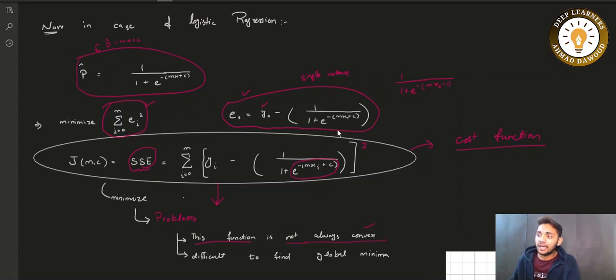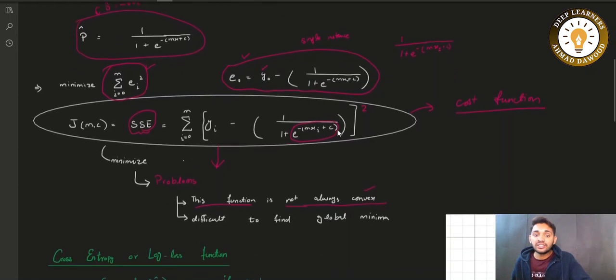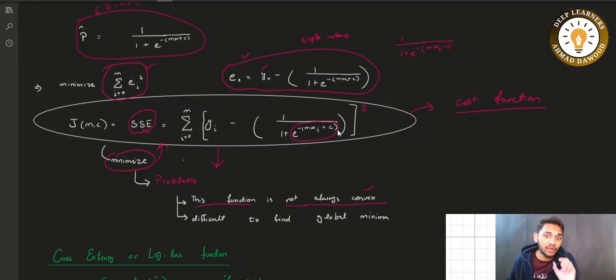What does that actually mean? It means that we cannot get a single solution for it. When we run the algorithm to minimize that cost function, we cannot get the parameter values where our SSE is minimum.